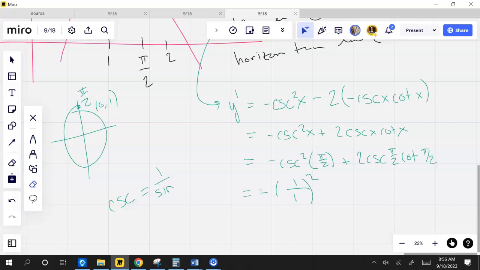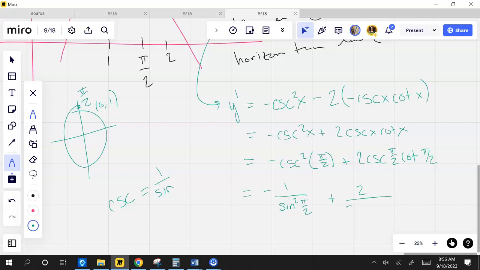Okay, let me write out a little more. I'm going to write this as negative 1 over sine squared pi over 2, plus 2 over sine pi over 2, tangent pi over 2. I'm going to break these down into basic trig functions so you can see where everything's coming from.